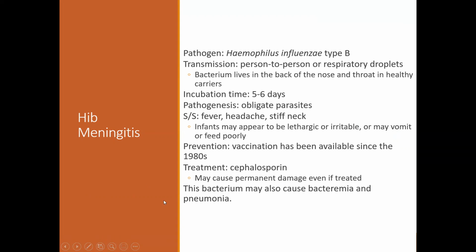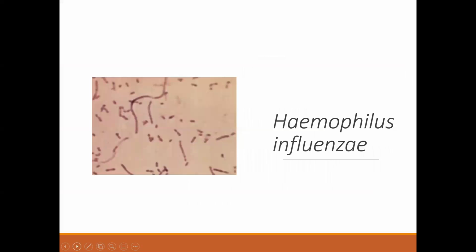That used to be caused by Hib, or Haemophilus influenzae type B. Before we had the vaccine for Hib, this was the most common form of childhood meningitis, and it led to a lot of complications, deafness being the number one complication that resulted from Hib meningitis.